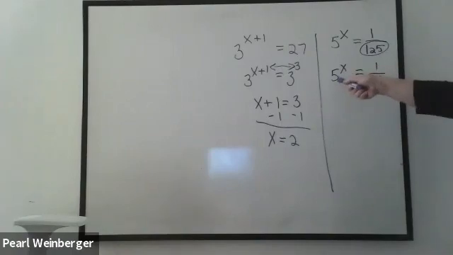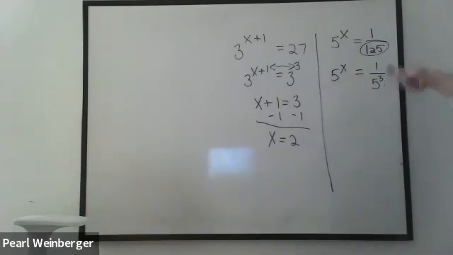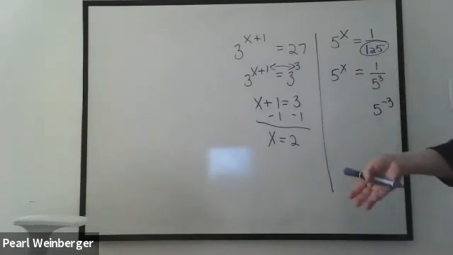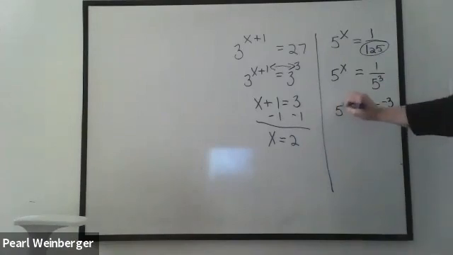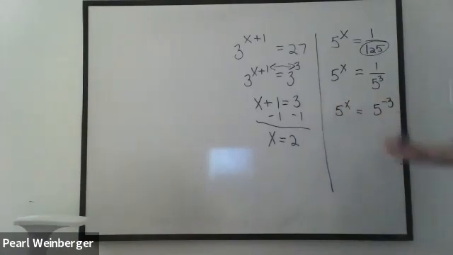Now this is in the denominator. But I know 1 over 5 to the 3rd power is the same as 5 to the -3. The way it became a reciprocal is because its original exponent must have been negative.